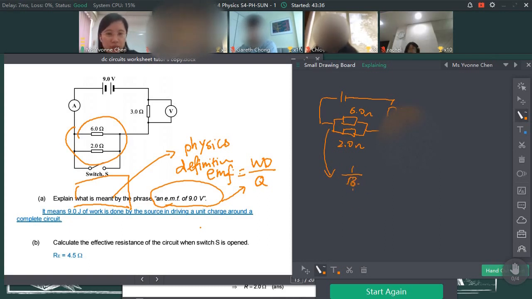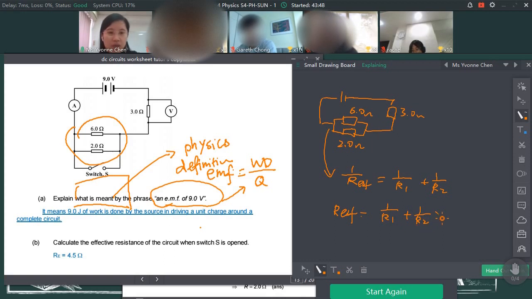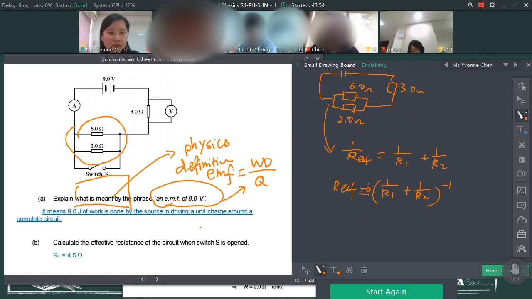If you have 1 over R effective equals 1 over R1 plus 1 over R2, we can also say effective resistance equals 1 over R1 plus 1 over R2, all to the power of -1. It is easier for you to key into the calculator.